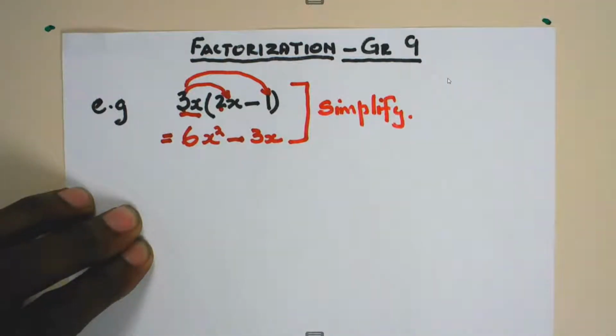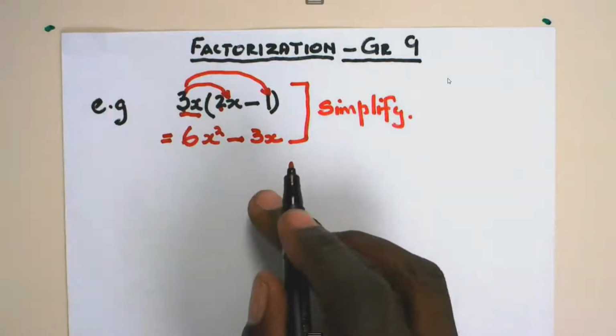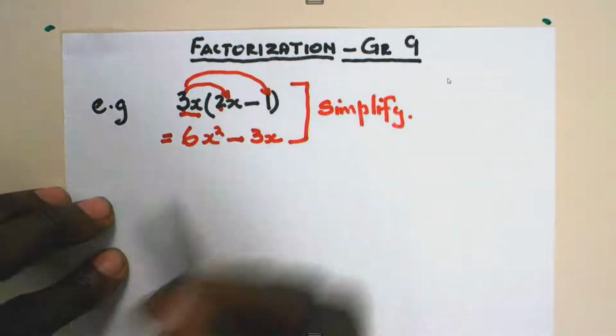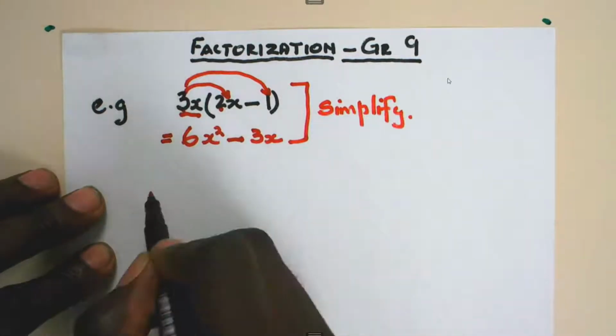When removing the bracket, as I already indicated, we use distributive law. Now, with factorization, it's like we are starting with the answer.